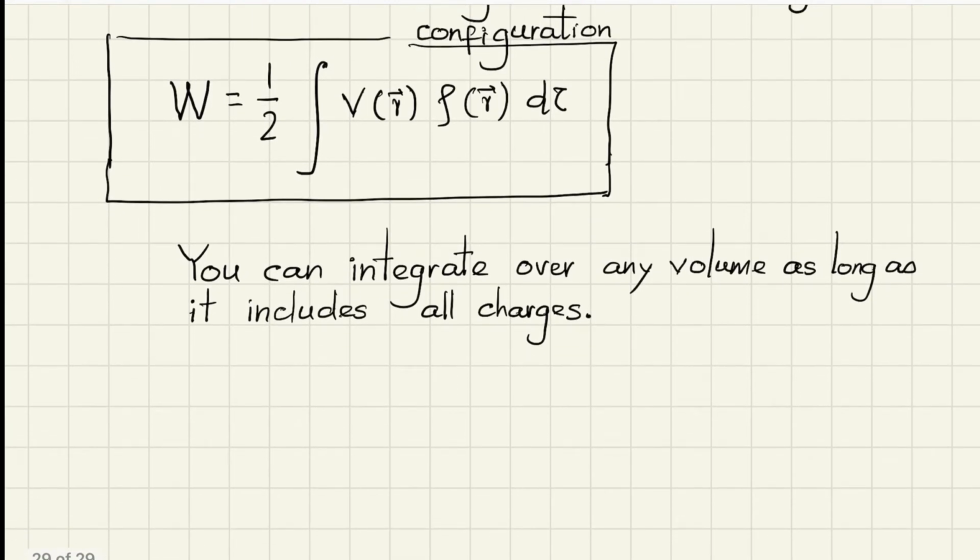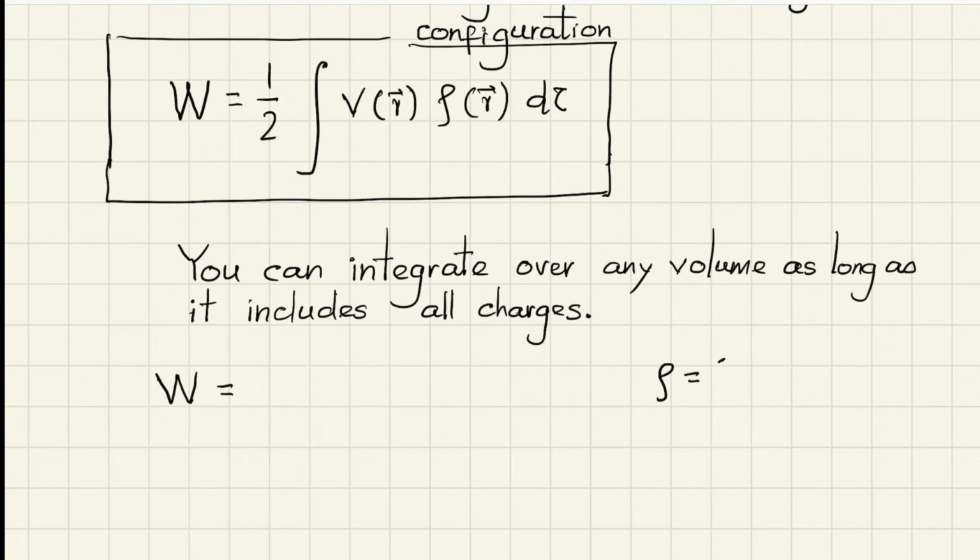Now, I'll comment on that formula, but we can now obtain W in terms of the field. I can always write W in terms of the field because I know ρ.